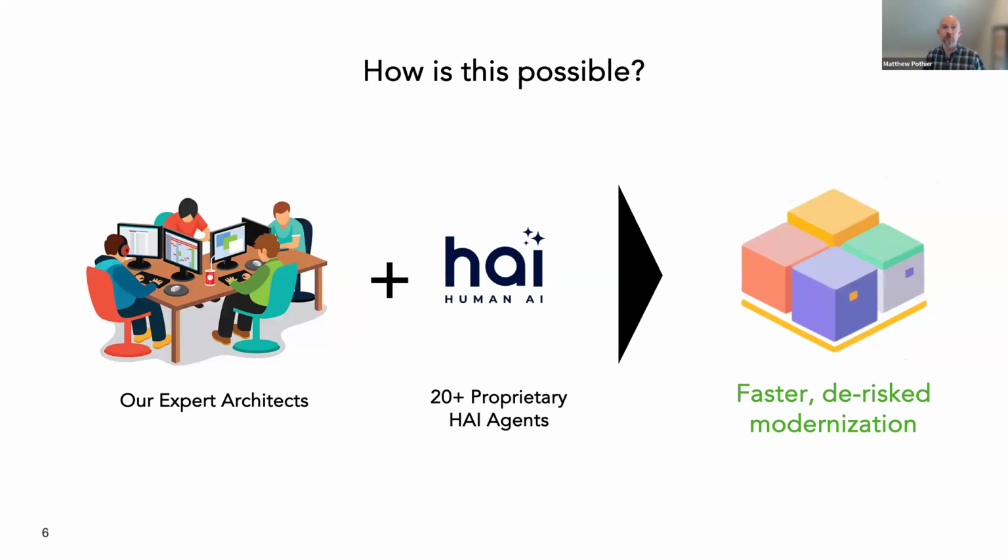And then, of course, reduced human error, right? Humans certainly make mistakes, right? And these agents can actually help to improve accuracy by eliminating most, if not all, human error in these routine tasks, all while allowing the architects to focus on the strategic decisions.